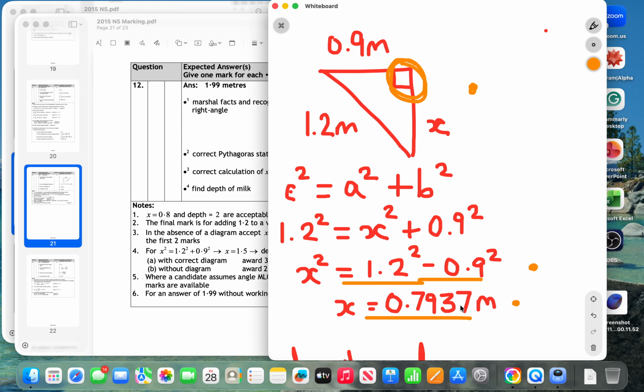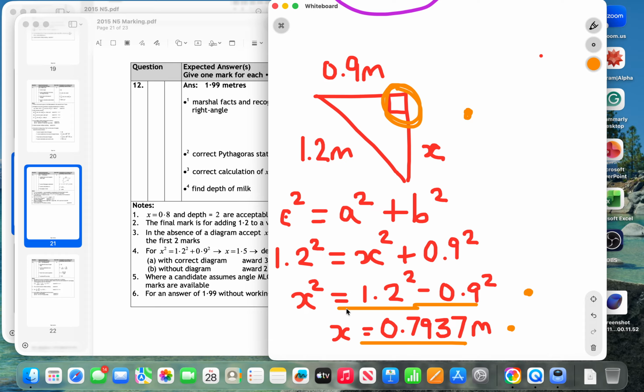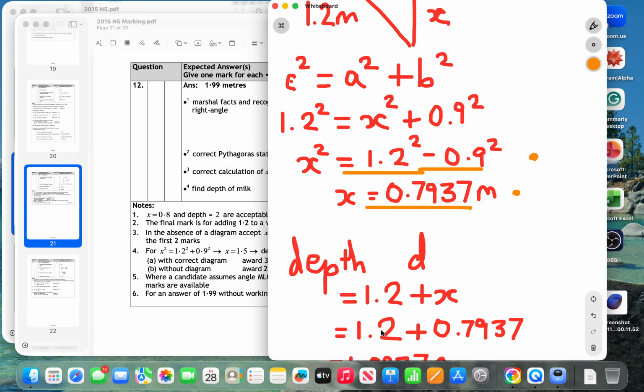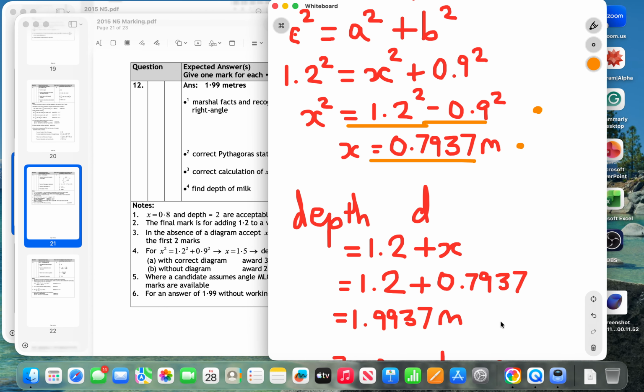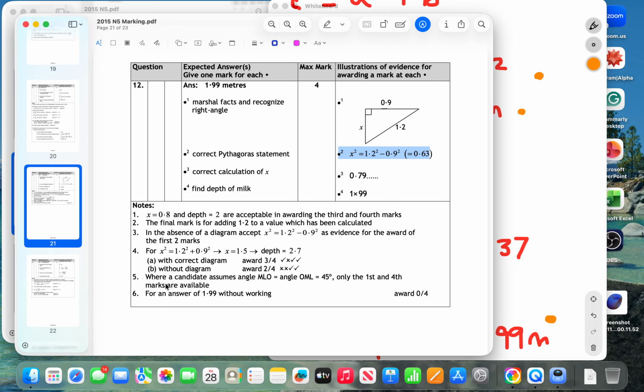So that is 3 marks, and the last mark is knowing to add the radius and x together and to get this part. So that would be the 4 marks.